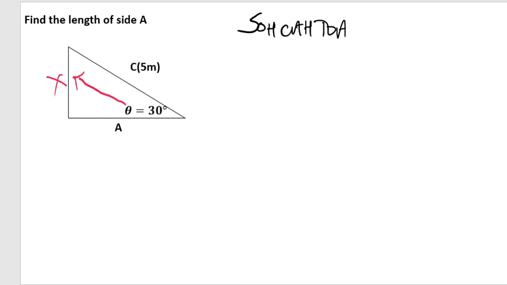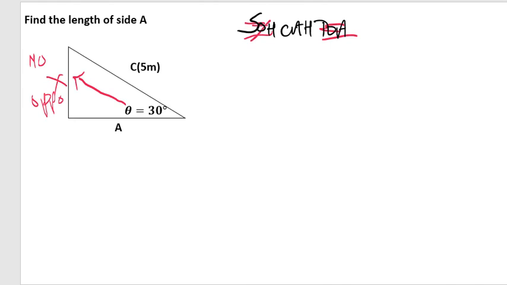No. So here you just write no opposite. If there is no opposite, it means we can't use this formula, so we erase these two formulas that have opposite. The opposite side we check using this angle theta. This angle is not opposite to any side, so there's nothing on that side.